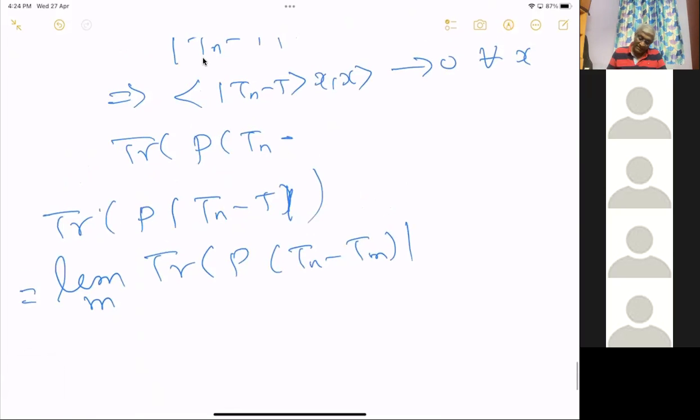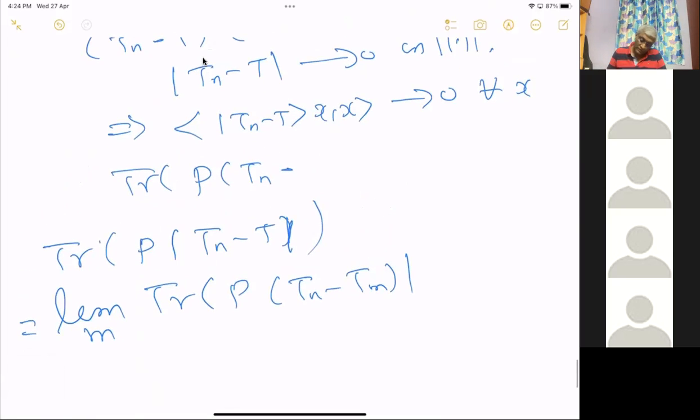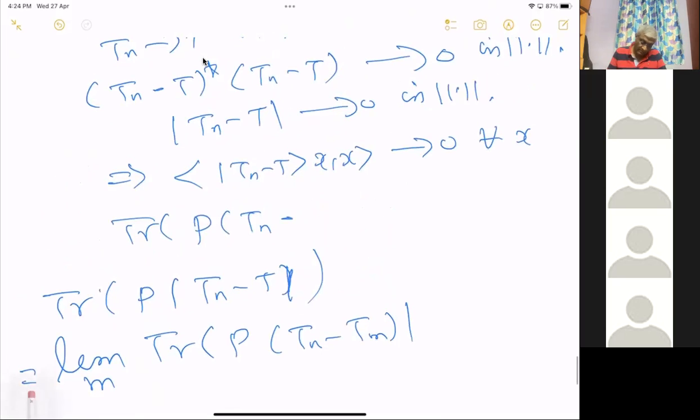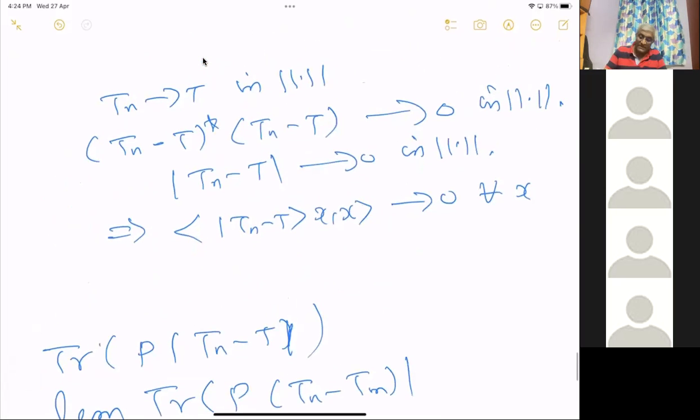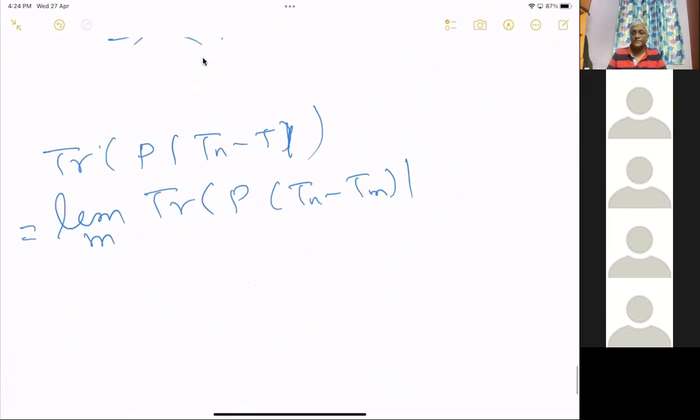This is true because Tm goes to T in norm. So because of that, this is true. For each n, Tn minus Tm goes to Tn minus T in norm. So by the same argument, it goes to this.